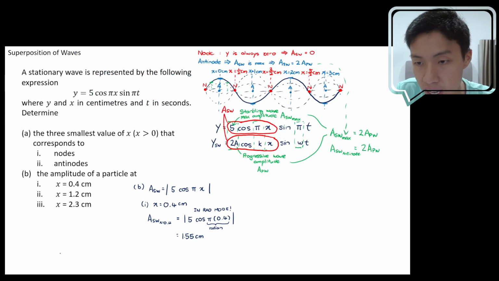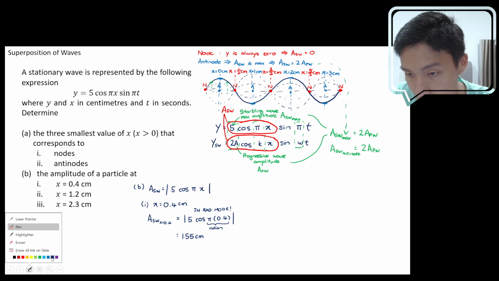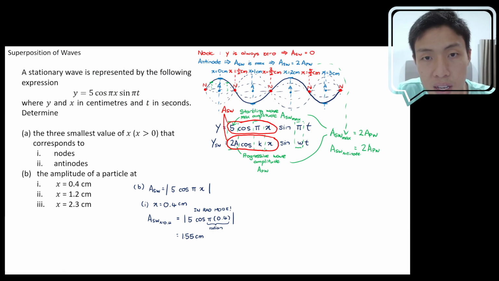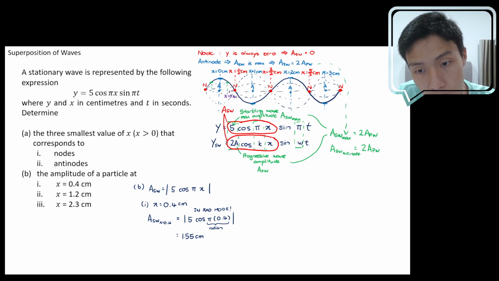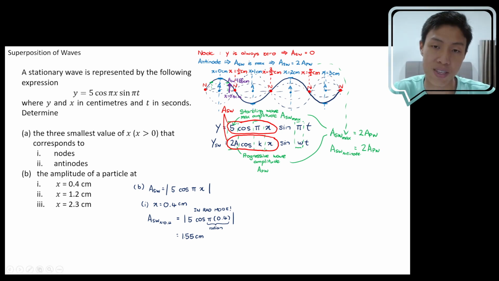So x equals 0.4 is over here, and if we go find the maximum that can be achieved here, you find that the amplitude of the standing wave is 1.55 cm. That's the idea of it.